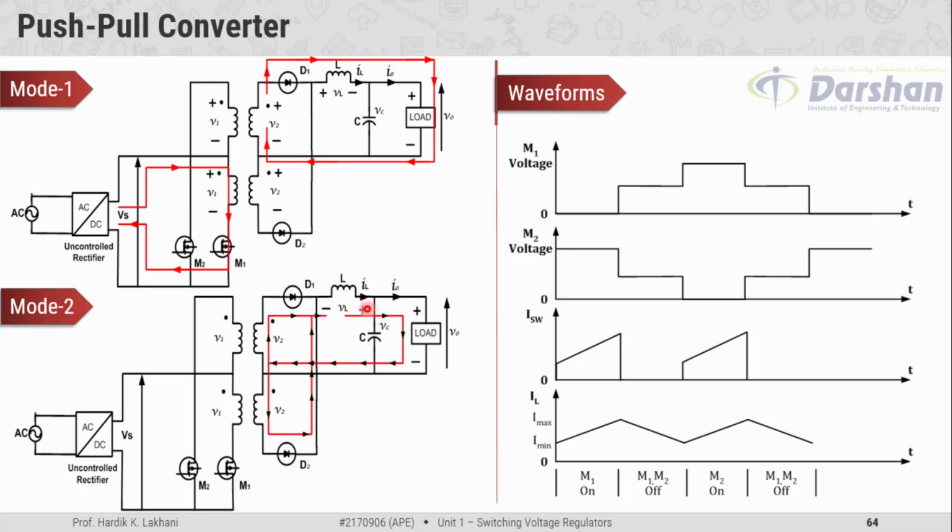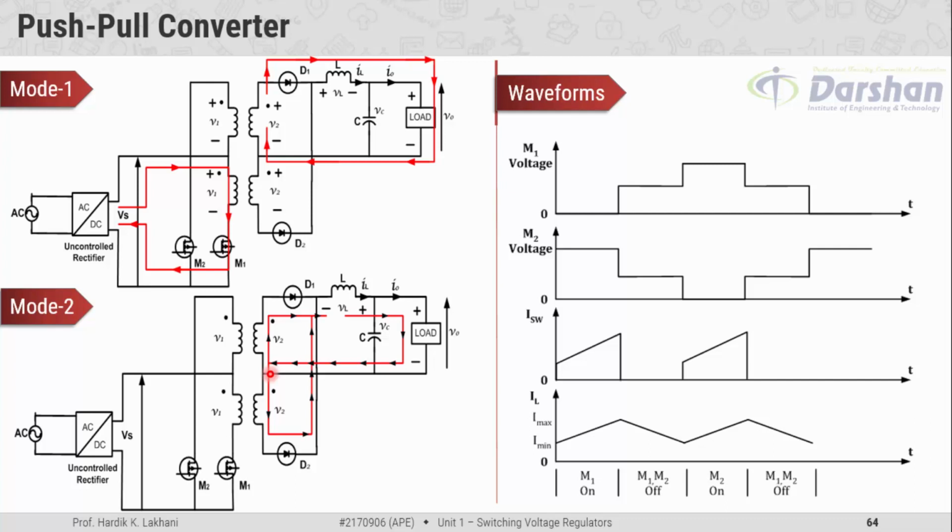The inductor starts releasing its energy into the load via the freewheeling diodes D1 and D2. So the current starts from the positive terminal of the inductor, it passes through the load, and it reaches this center point on the secondary side. The current gets split into two equal halves.